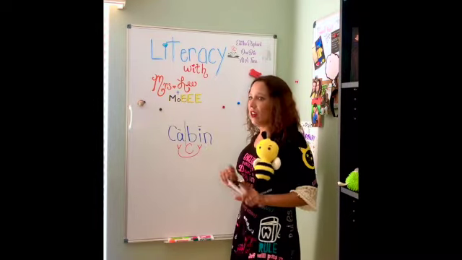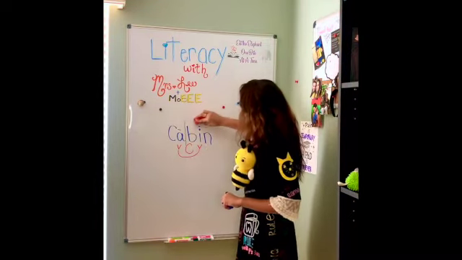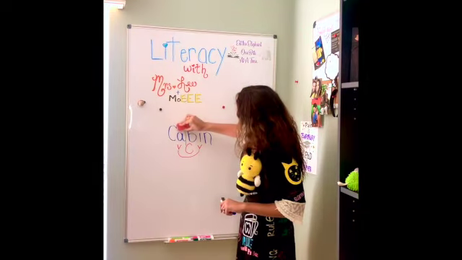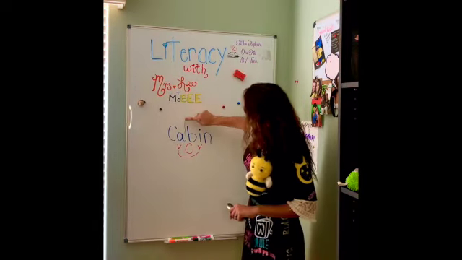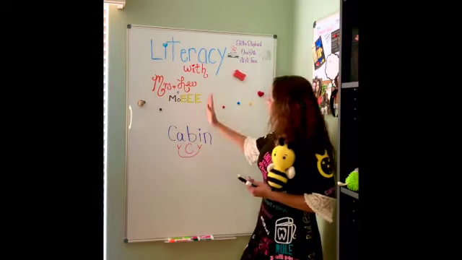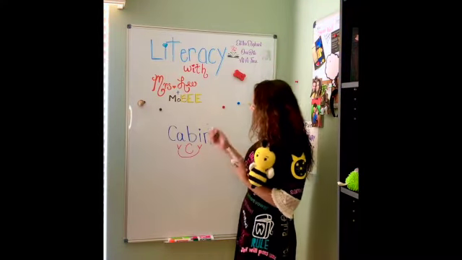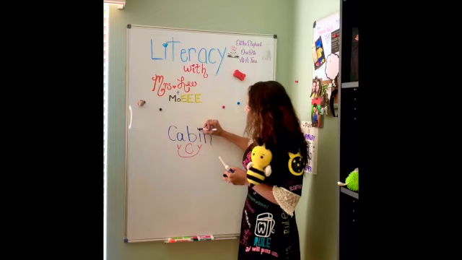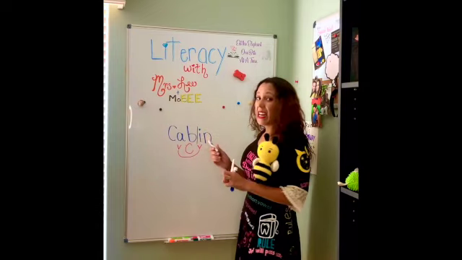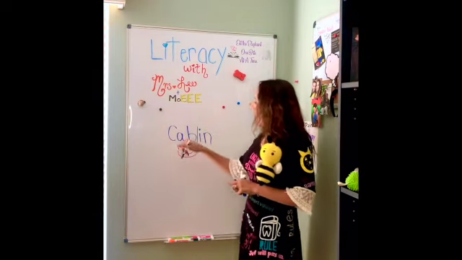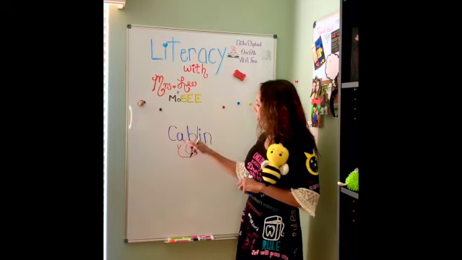Let's try it the other way though. If I were to divide after this consonant right here, just like this, now let's try to read it. Is this a short or a long vowel?